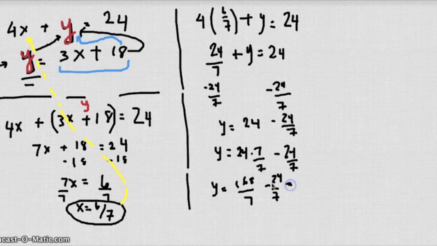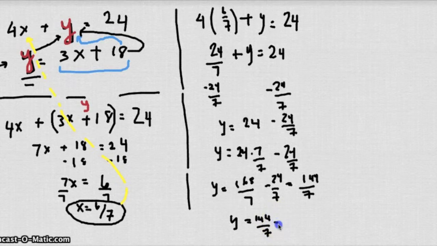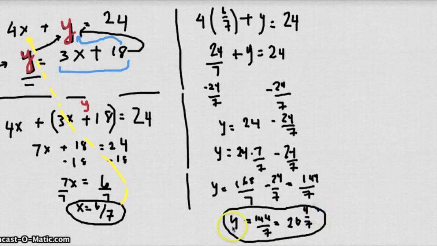Okay, and then we get that it is 144 over 7. We can leave y as 144 over 7, or we can reduce that as well. So we can say 20 would give us 140, and we have 4 left over 7. So we want to reduce that. Okay, so that's what y would equal. That is our goal when we have a system of equations like this, to solve for x and then solve for y, or solve for y and then solve for x.